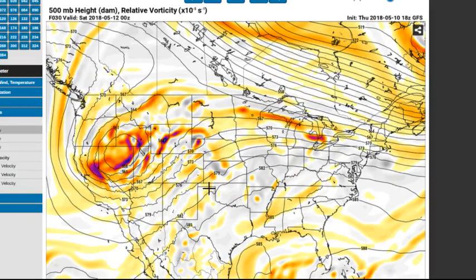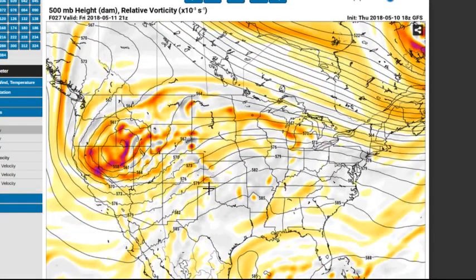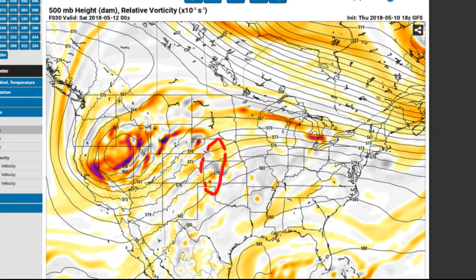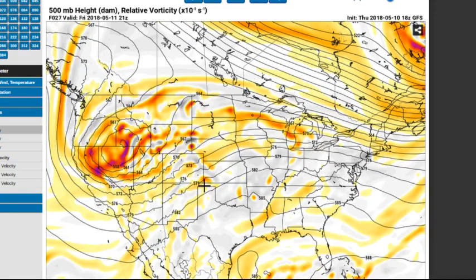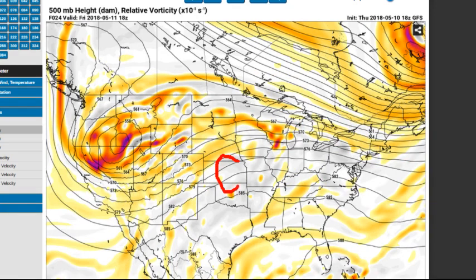And then by 0Z, that would indicate maybe a shortwave approaching from Colorado, maybe out in this area right here. So as that shortwave moves eastward, we see the vorticity increase there in western Kansas. So it appears we're going to be under ridging across much of Kansas tomorrow, but as the afternoon wears on, we'll get some lift approaching from the west.